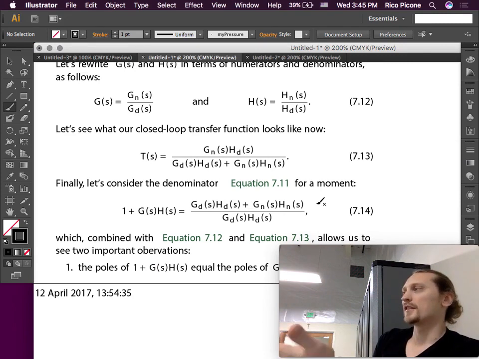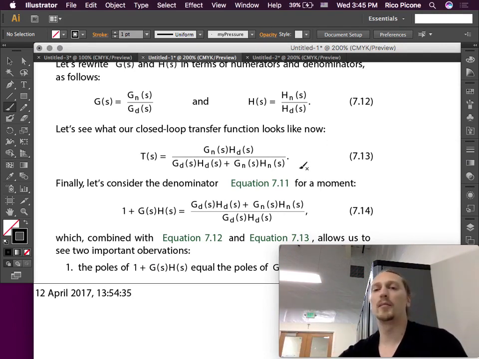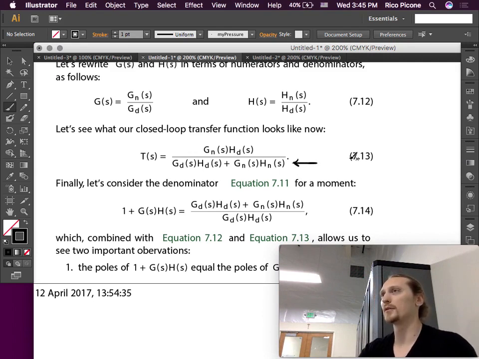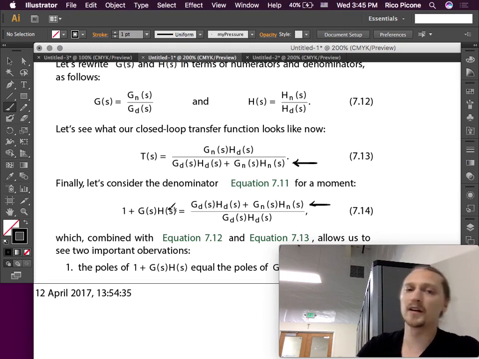And that's a sort of key move, because we want to know about the denominator of the closed loop transfer function. That's what we want. Turns out that that denominator shows up as the numerator of this 1 plus GH. Okay? And this 1 plus GH is much more accessible because we know GH pretty well.